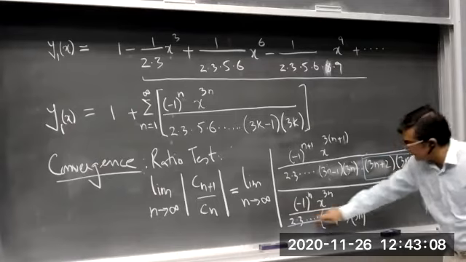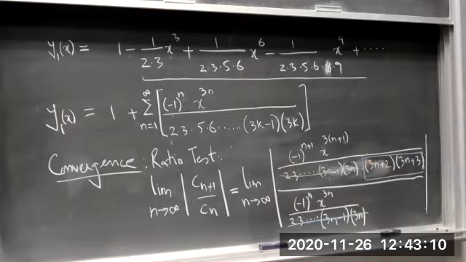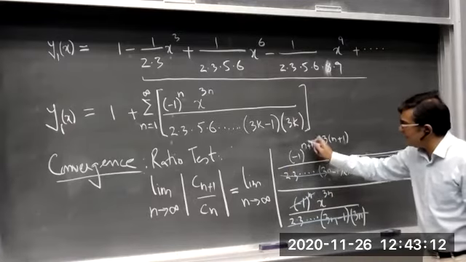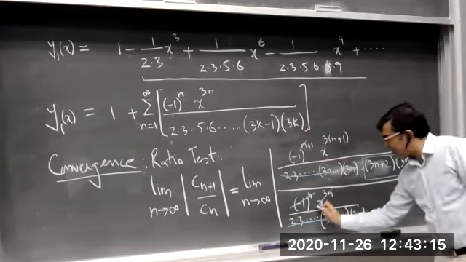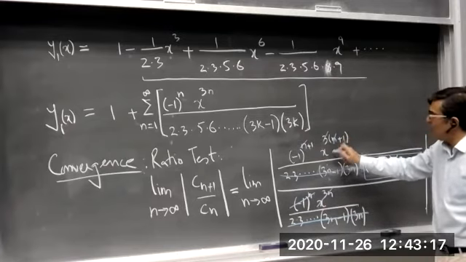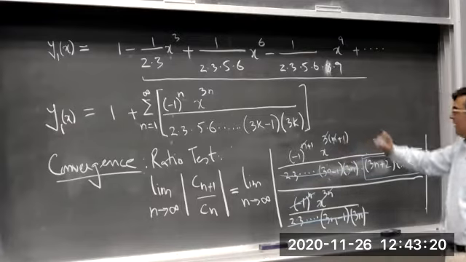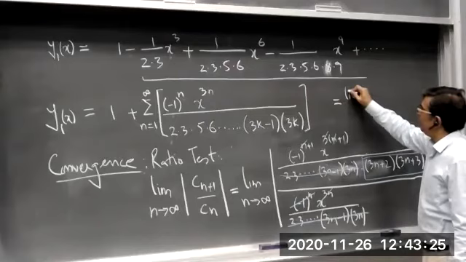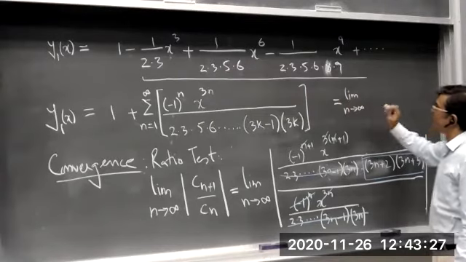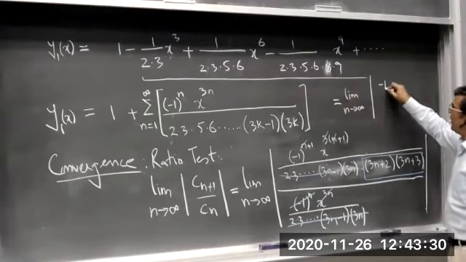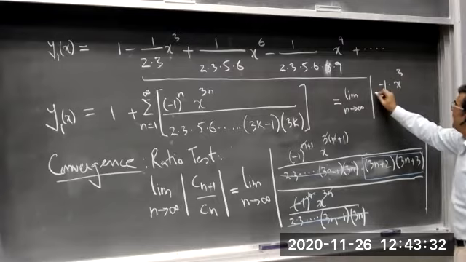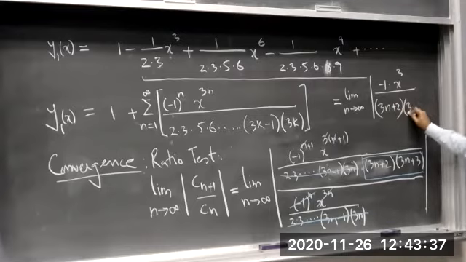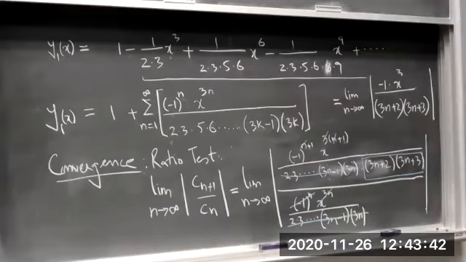So we are left with limit n goes to infinity of minus 1 times x raised to the power 3 divided by (3n plus 2) into (3n plus 3). I hope you get it.